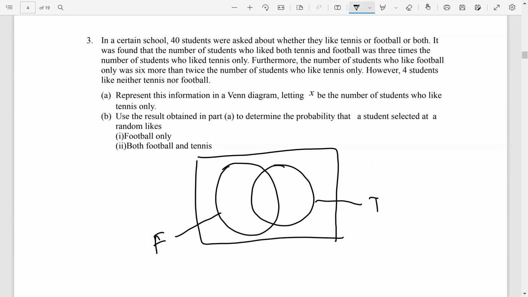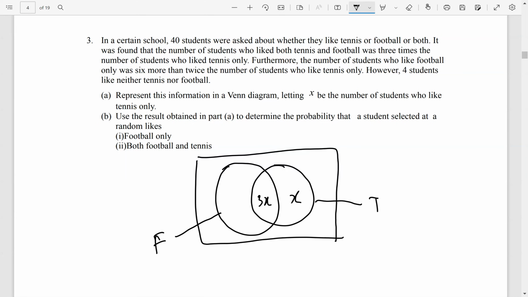So tennis only is going to be x. Okay? And we were told that the number of students who like both tennis and football, this number here, were 3 times the number of students who like tennis only. So it means here is going to be 3x, dear students.